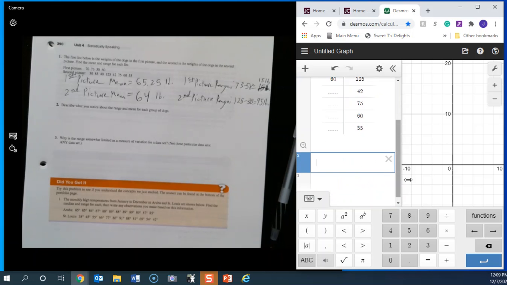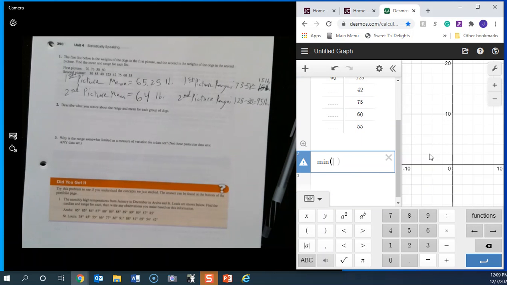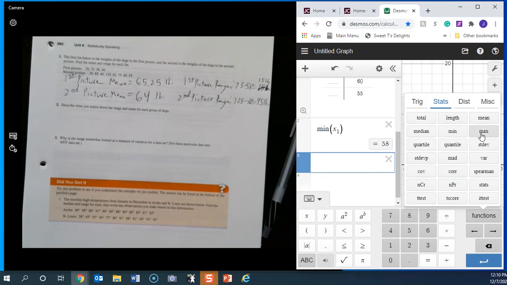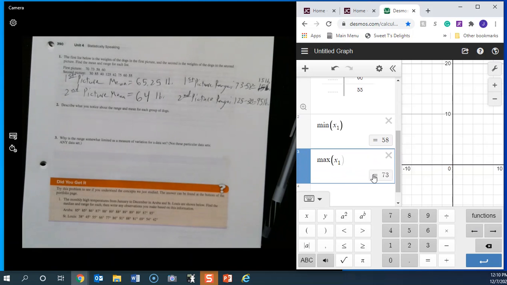So after you type everything in your table, you can go to function, under stat, and you can click minimum, and then X1. So the minimum value here was 58. And then we also have in the function a maximum value. The maximum value of X1 gave us 73, max minus the minimum. And then we would get 15.